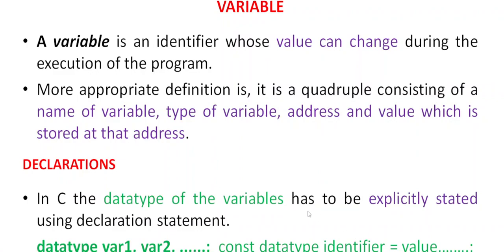Similarly, if you want to declare a constant, it should start with const, data type, identifier equal to some value. You can have a list of identifiers also, but it should be terminated with a semicolon, because multiple assignments in C language are not permitted. So: const, data type, identifier equal to value, followed by a semicolon.